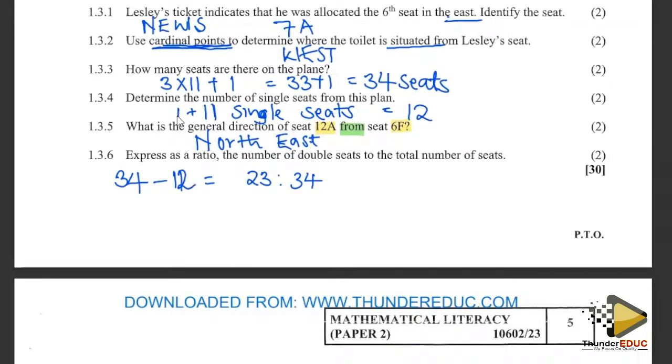So it will be 22 versus 34. So by 2, you get 11. By 2, you get 17. That is question 1.